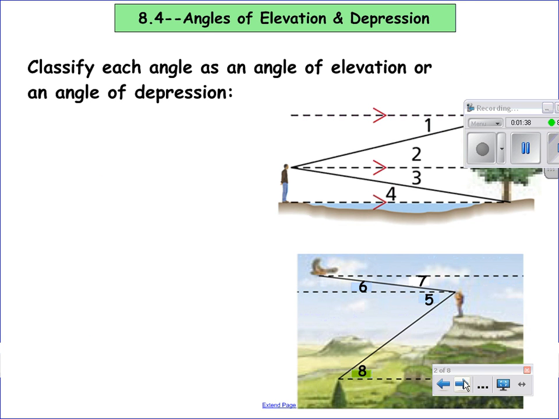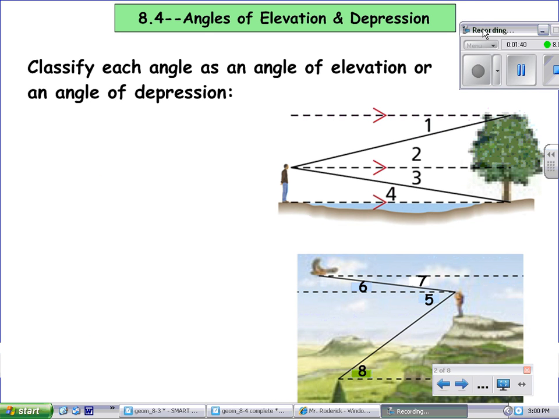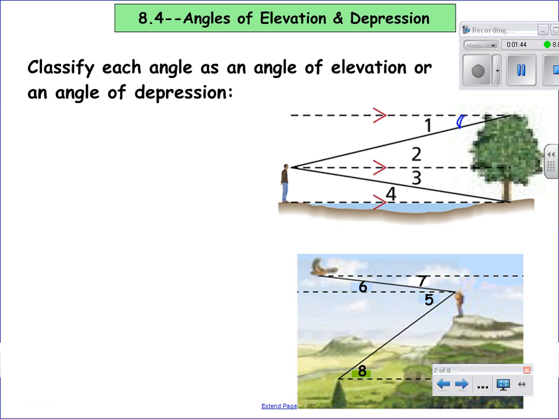Okay? So for example, let's go ahead and just label these guys. Angle 1 right in here. If your eyes are on the top of the tree looking across, from the eyes down, that must be depression. Okay, angle 2, this guy right here is looking across here, his eyes, and up, so elevation.